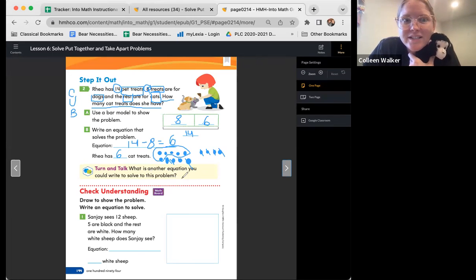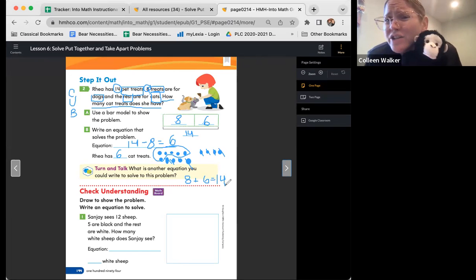So now we can write an addition. So Monkey, what was it again? Got it. So Monkey said we could do 8 plus 6 equals 14.